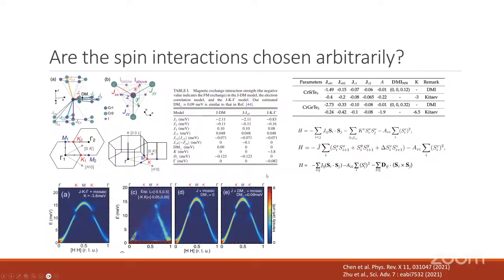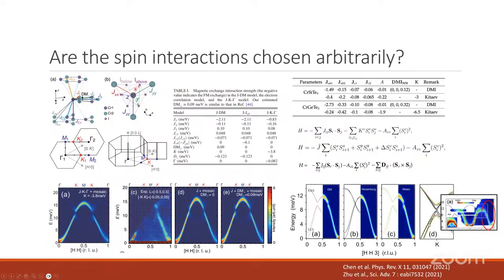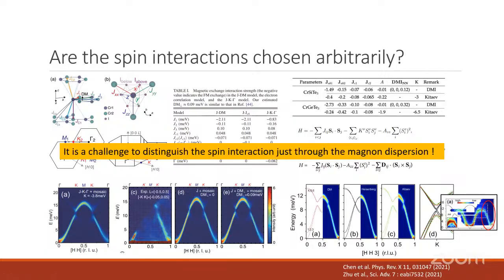They generate almost exactly the same spin spectral function, which reproduces the neutron scattering measurement pretty well. So the two cases also tell us that if we only consider the linear spin wave fitting of the neutron scattering measurement, it's very challenging to distinguish the spin interactions.